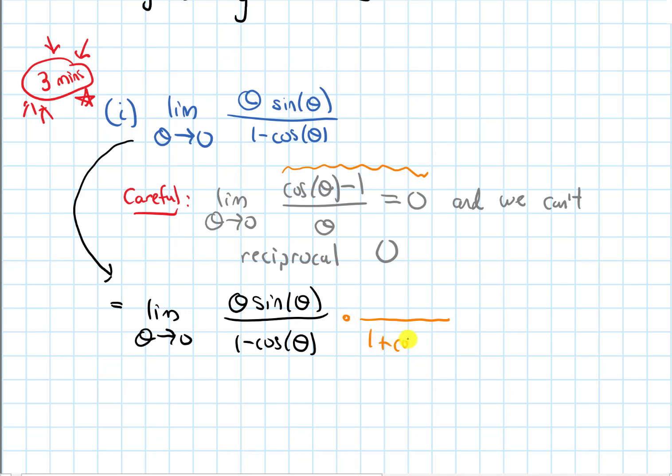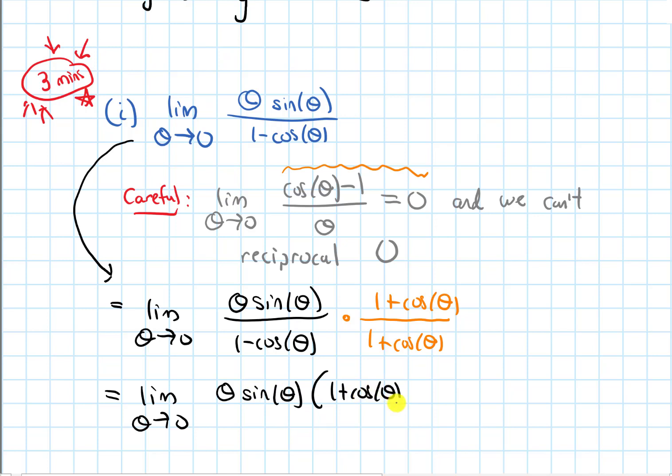I multiplied it by 1 plus cosine theta over 1 plus cosine theta. So if we do that here, we'll get the limit as theta goes to 0. On the top, I'll have theta sine theta times 1 plus cosine theta. On the bottom, I'll have 1 squared, which is 1, minus cosine squared theta.